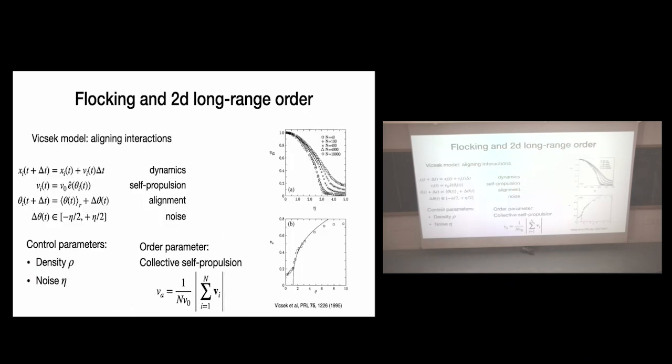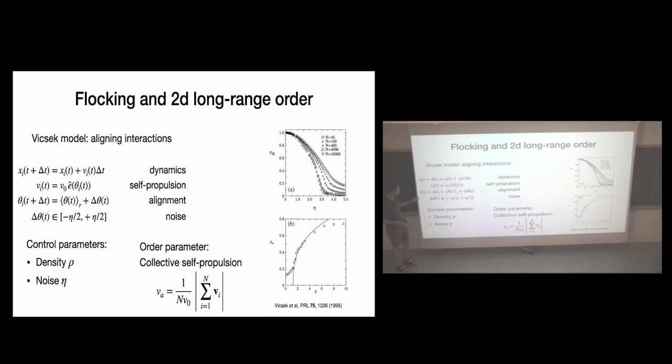So this was the first model of flocking that came out, and we are in 1995 when Vicsek introduced this model, saying, okay, we have a collection of particles, they update their position just with a Euler dynamics with a velocity, which is given by orientation, which is described by an angle.